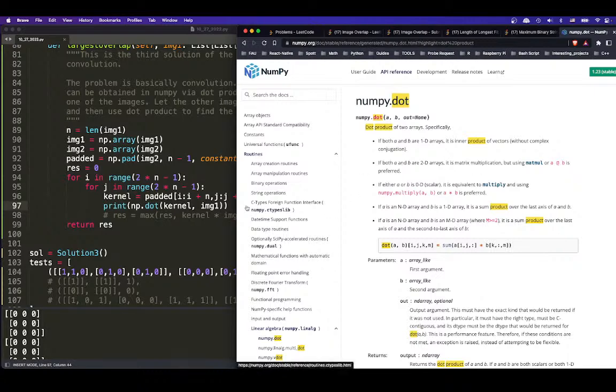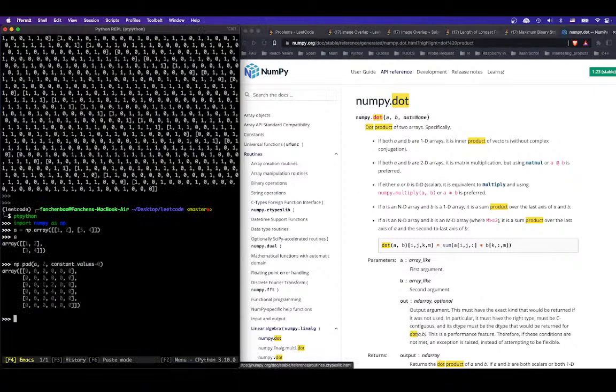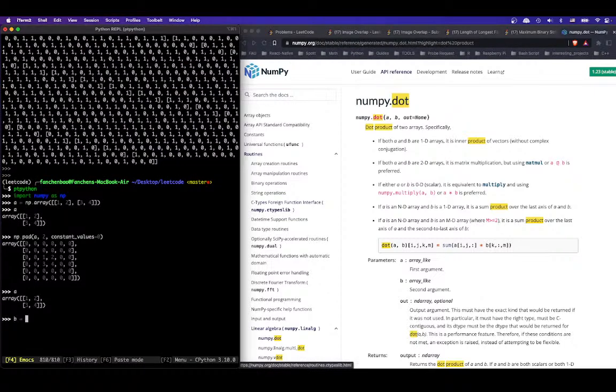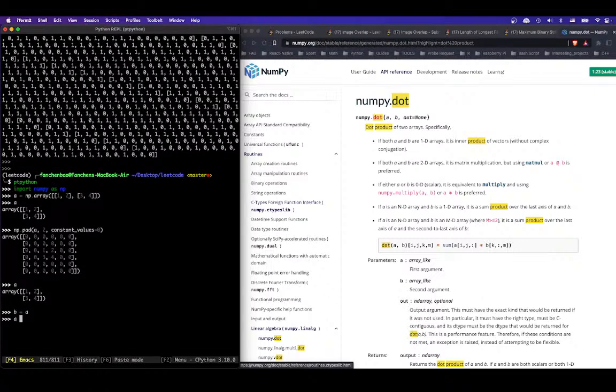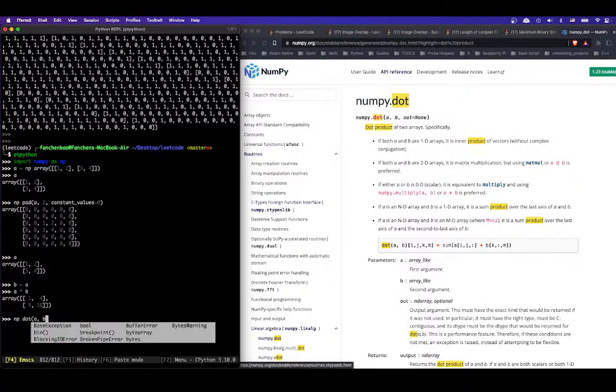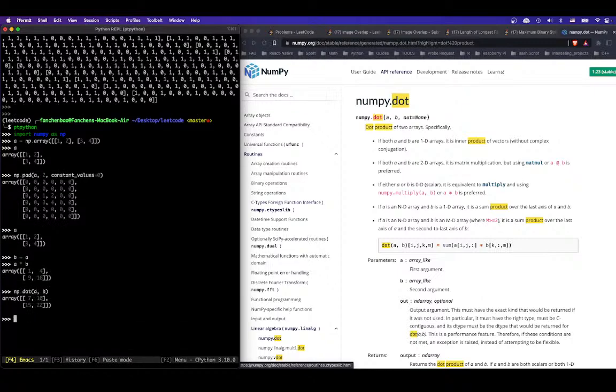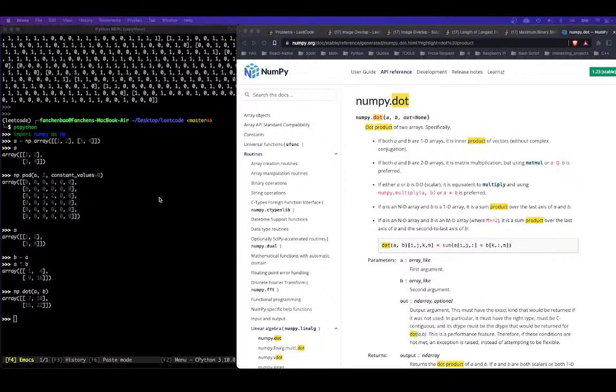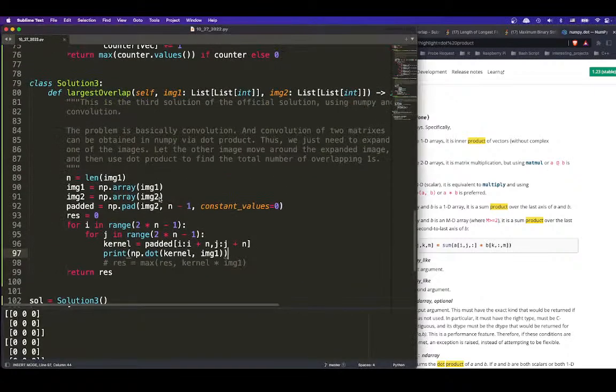Hold on. Actually, I'm not sure. B equals A. A times B. What's A times B? 1, 3. What's numpy dot AB? That's multiplication. That's why it says use matmul or this one instead. So this, yeah, we have to go. It's not dot. It's not dot product.